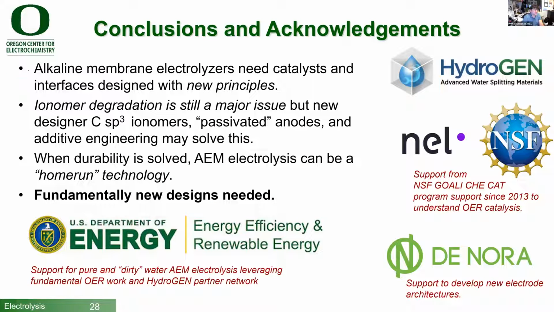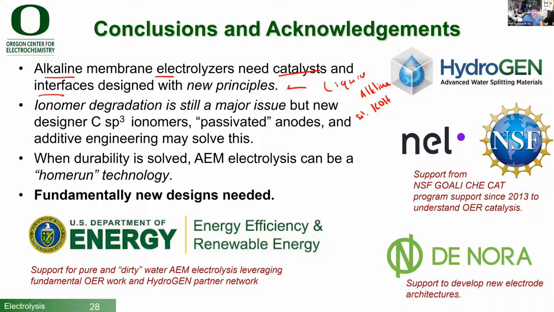So I'll just end with a few emphases, and then we're happy to open up to questions and discussion. To emphasize, alkaline membrane electrolyzers really need catalysts and interfaces that are designed very differently than liquid alkaline. Liquid alkaline is a very different type of system because you have soluble KOH, right?